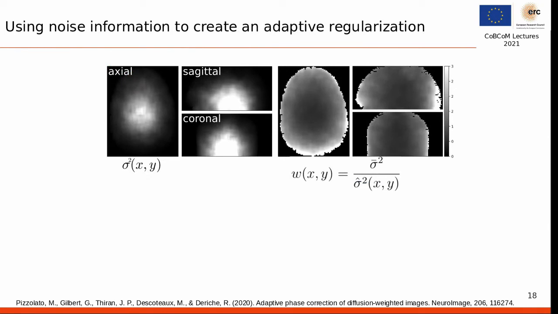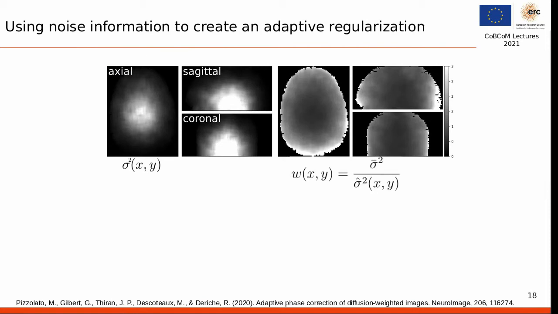So the idea is to use noise information to create an adaptive regularization. As I anticipated, on the left, we see that we use those images collected with the method described before to calculate locally the variance of the noise.